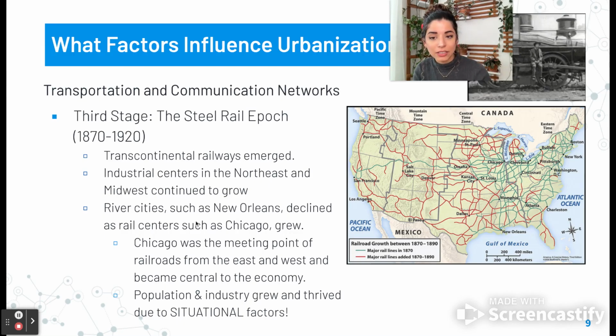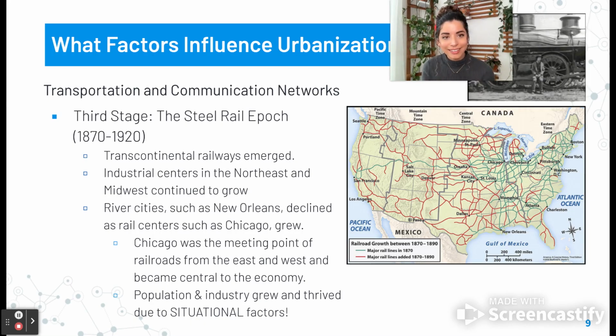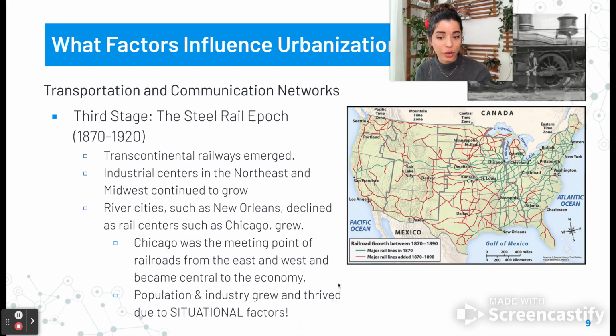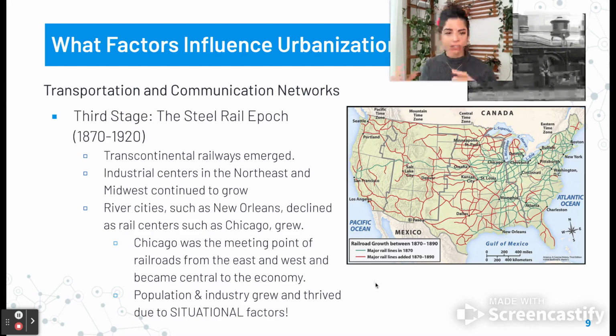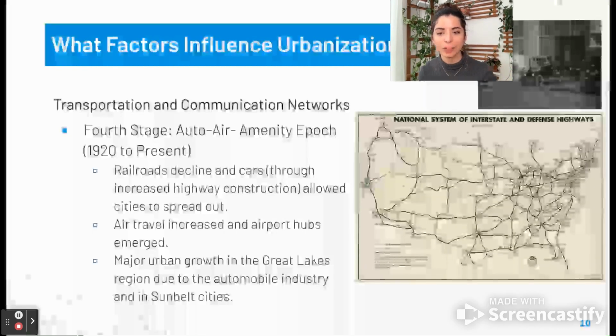Places like New Orleans, river cities, then started to decline. So there wasn't that need to be on a river anymore. Now there was rail transportation available. So we start to see population and industry growing and then thriving due to these situational factors, due to this context, not so much their physical environment anymore.